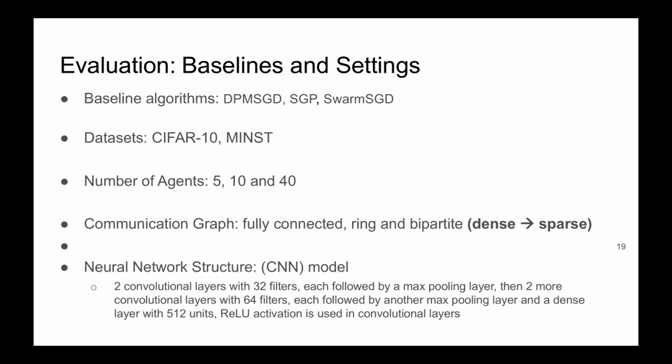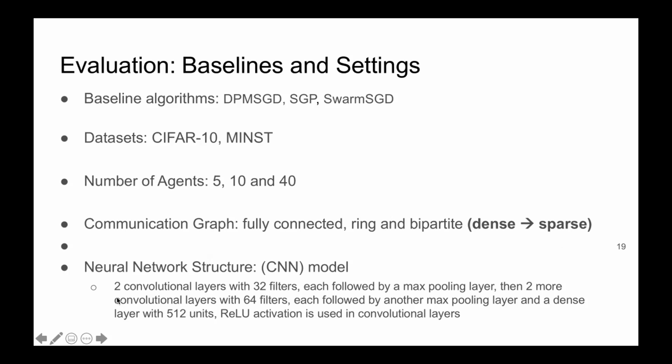Next is the evaluation for this paper. They consider these three baseline algorithms, and they consider CIFAR-10 and MNIST. They consider numbers of agents 5, 10, 40, and several communication graphs: fully connected, ring and bipartite, which go from dense graph to sparse connection.